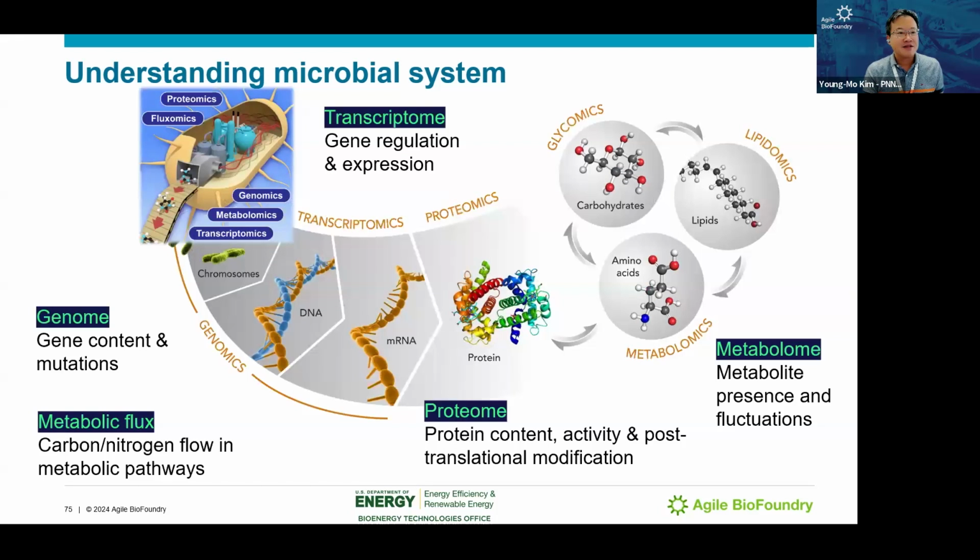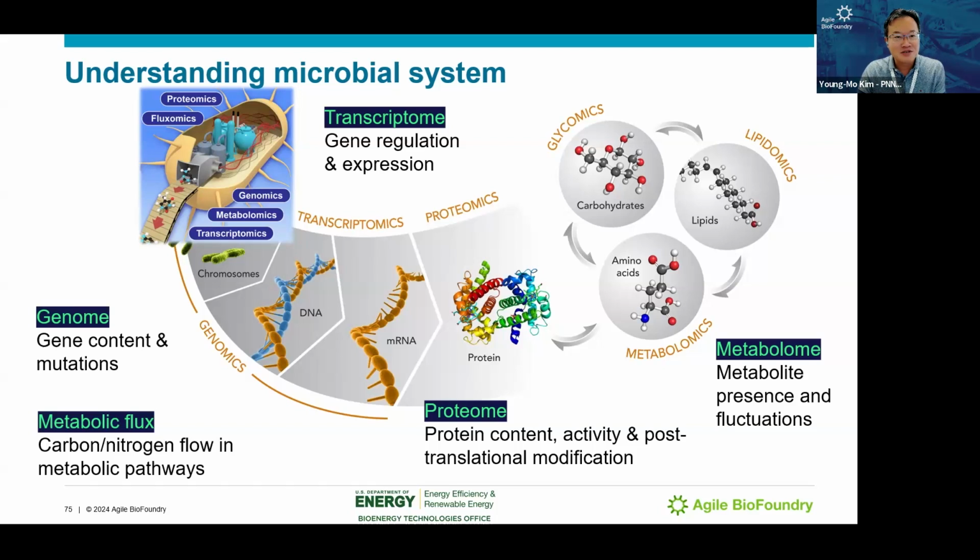So we can characterize microbial systems with many different advanced analytical tools. As you can see here in the central dogma, we see DNA, messenger RNA, proteins, metabolites, lipids and everything. We want to know how they change under different conditions or gene modifications.